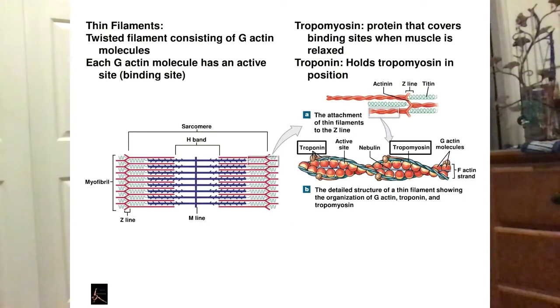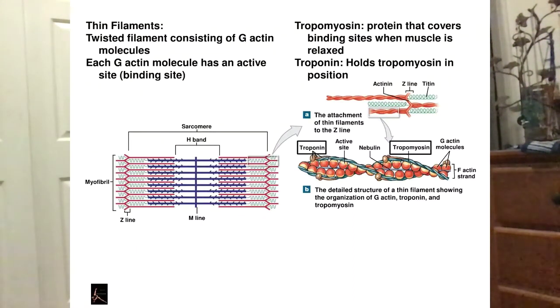Okay, and that looks like that string of pearls in the photo indicated as B there. It looks like the string of pearls there. They're orange with a yellow end. Okay, those are the actin molecules, and specifically each individual one is called a G-actin molecule. It's okay if you just call it actin.